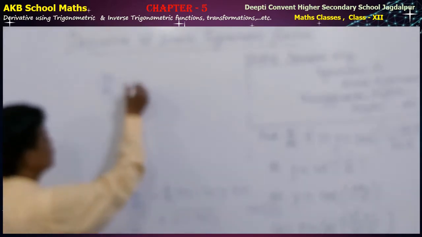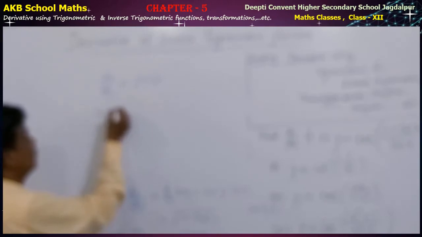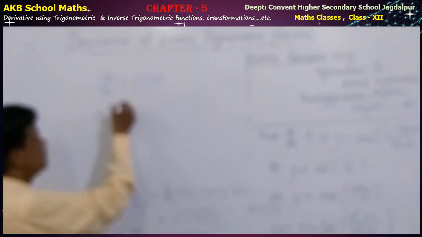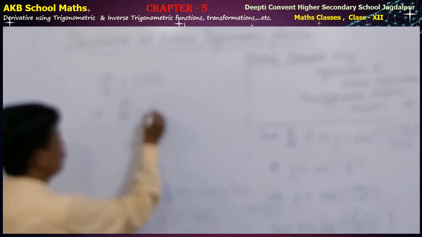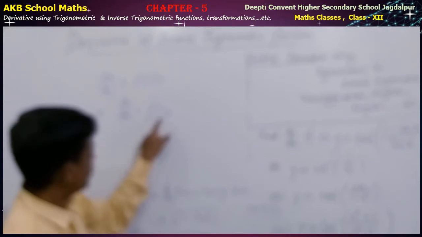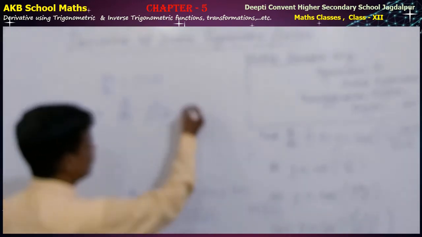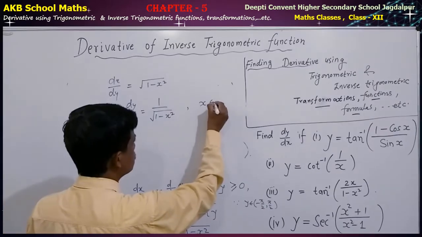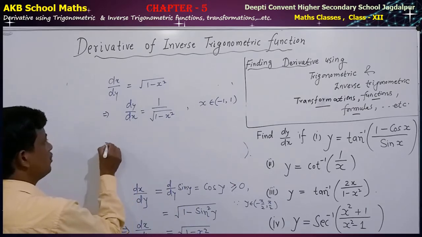Dx upon dy equals root over 1 minus x square, take its inverse, then dy upon dx equals what? 1 upon root over 1 minus x square. Here it is in the denominator, so x is not equal to plus minus 1. So here x belongs to minus 1 to plus 1. So this is the formula.